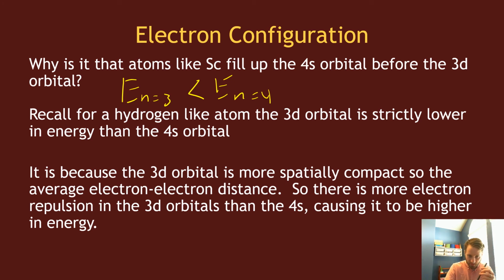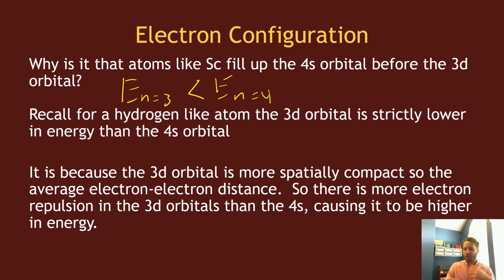While they're closer to the nuclei and that potentially stabilizes them, they're also closer together, meaning the electrons within those 3d orbitals feel more electron-electron repulsion. That's going to make them be at a higher energy.